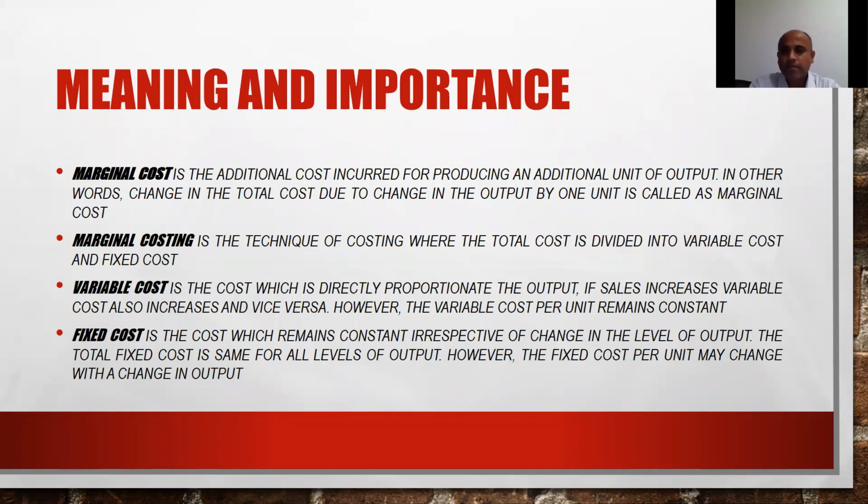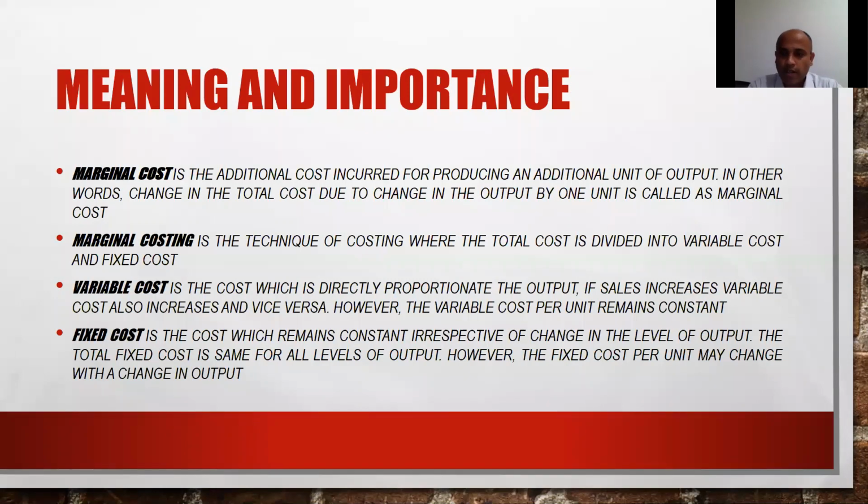I'll repeat. For 100 units, I have spent 1000 rupees. For producing 101 units, the total cost is, let's say, 1006 rupees.